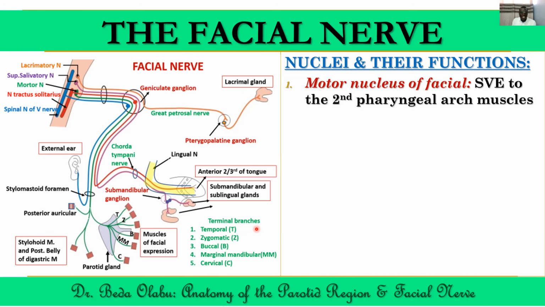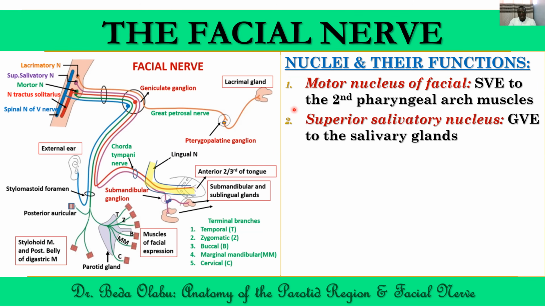So we can also say it's a branchiomotor nucleus or a pharyngeomotor nucleus. It's responsible for giving rise to nerves that supply pharyngeal arch musculature. In particular, the facial nerve supplies muscles of the second pharyngeal arch, and so the neurons which go to that musculature come from the motor nucleus of facial.